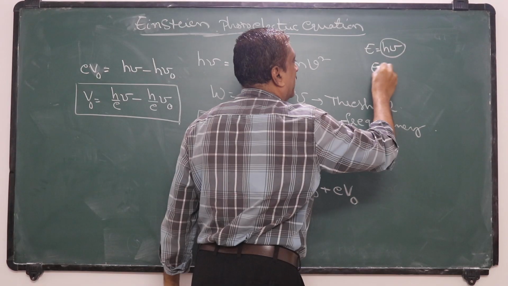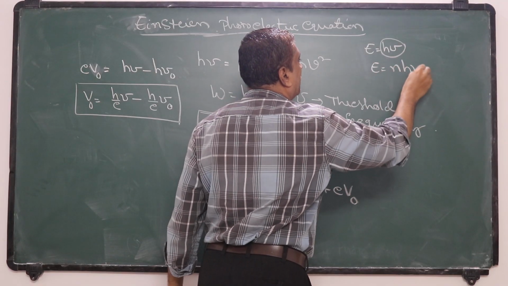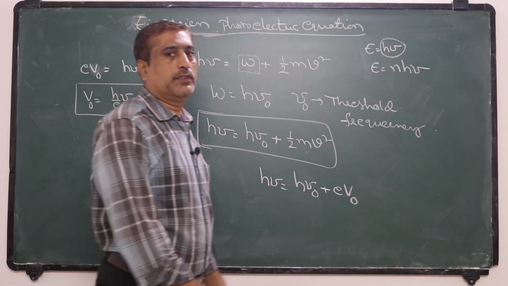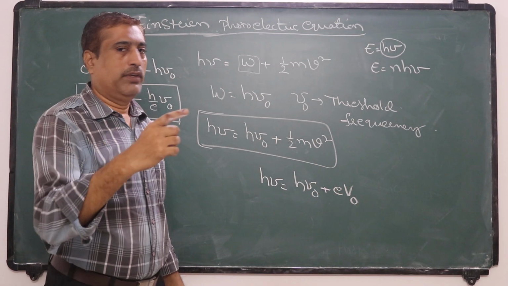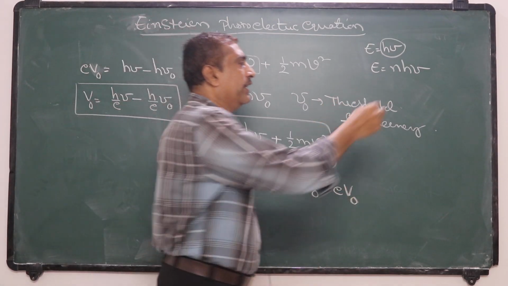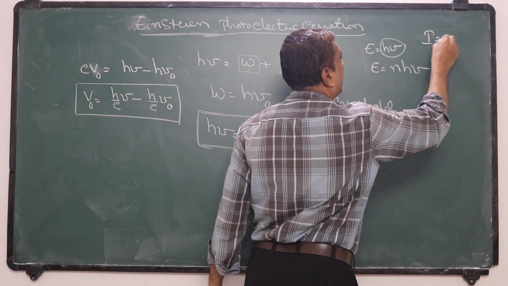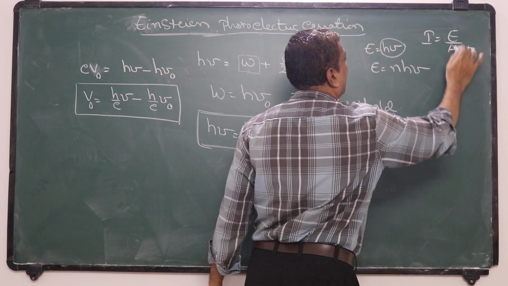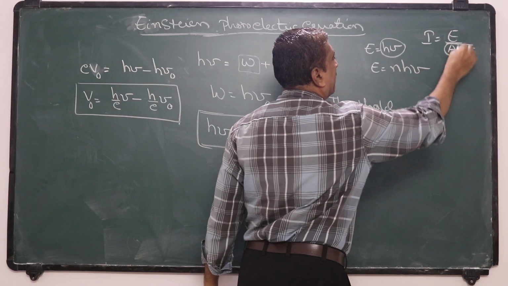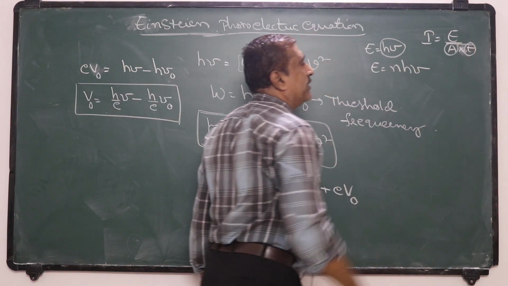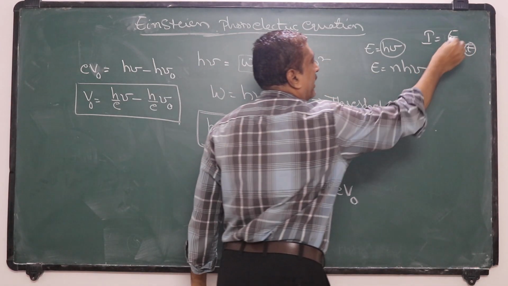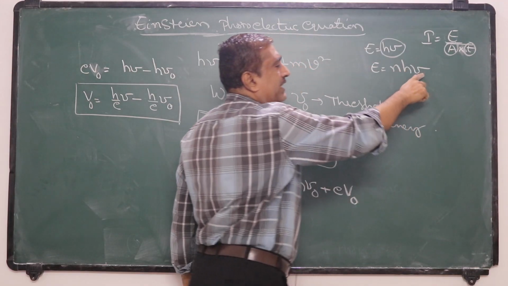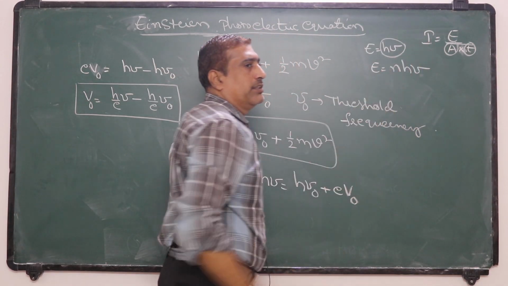Suppose E is equal to nhν, that means more photons are incident through unit area. Actually, intensity of light is equal to E by A into Δt. If area and time remain constant and the number of photons increases, energy increases and intensity also increases.